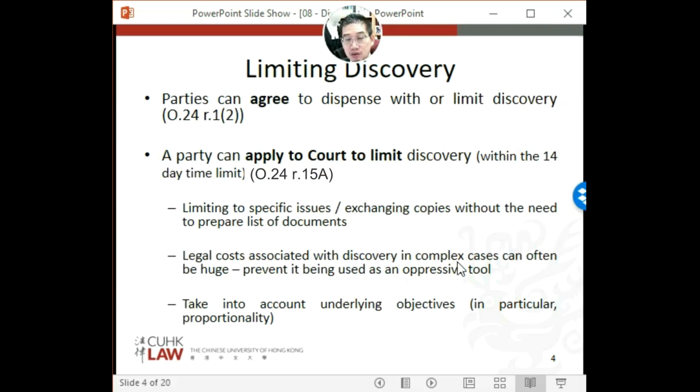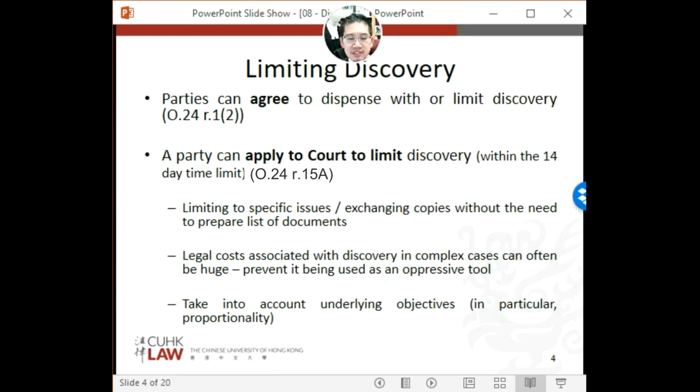Parties can agree among themselves to dispense with or limit discovery. They can agree to restrict the scope of documents to certain years, certain subject matters, or certain issues.